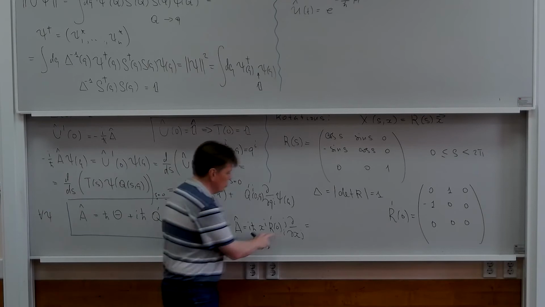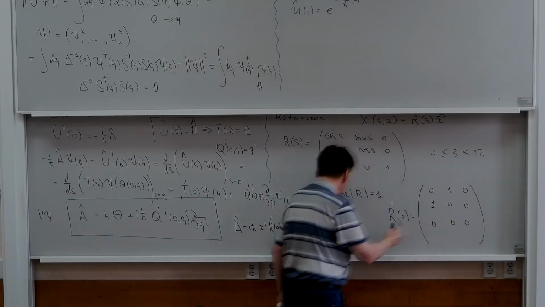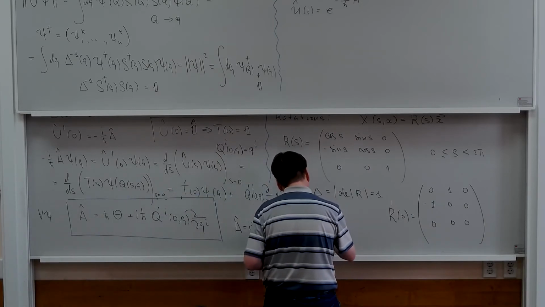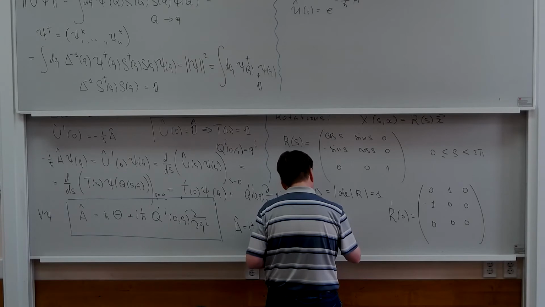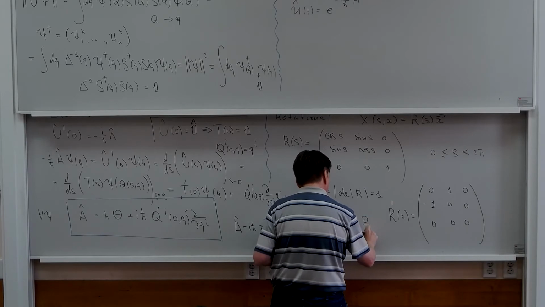And substituting here the matrix elements 1, minus 1, and zeros, we get the following expression: x1 ∂/∂x2 minus x2 ∂/∂x1.